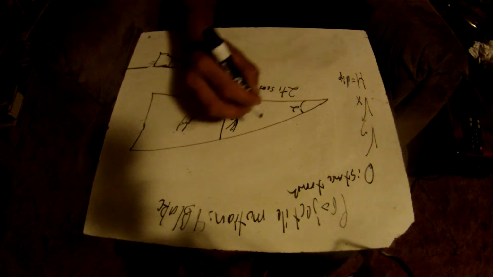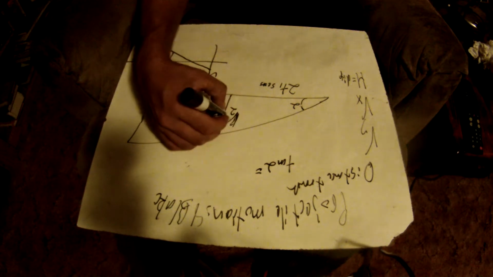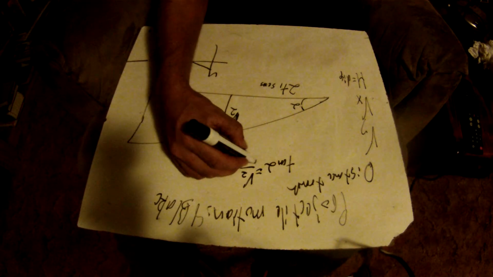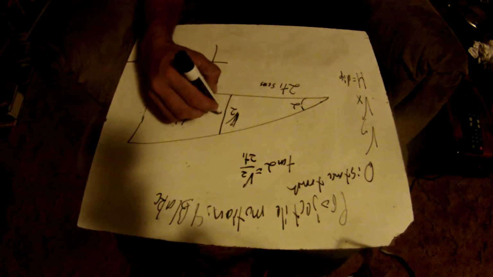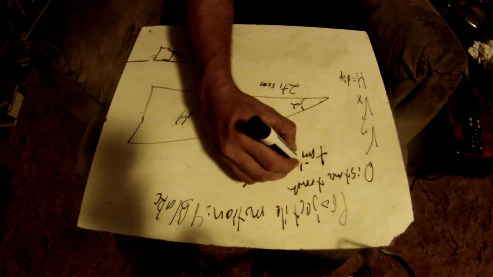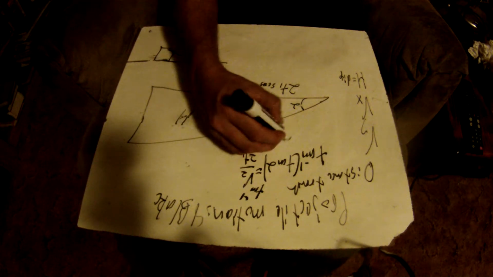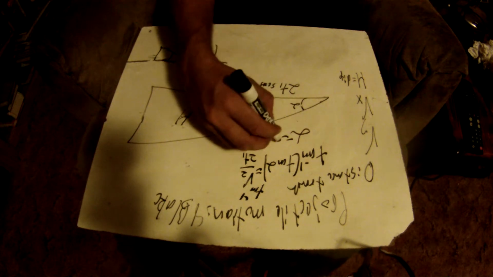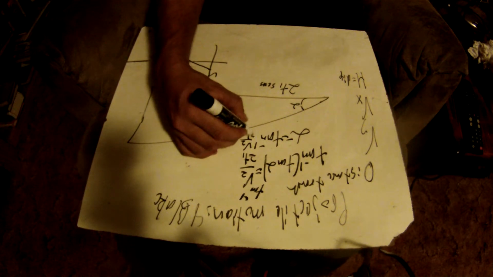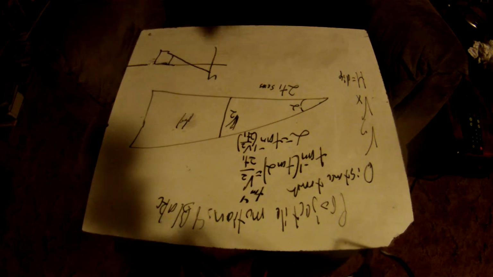We'll call it alpha. So the tangent of alpha equals opposite over adjacent, so v sub 2 over 2t1. If you do tangent inverse of each side, that means alpha equals tangent inverse of v2 over 2t1. Okay, so that's what that is.